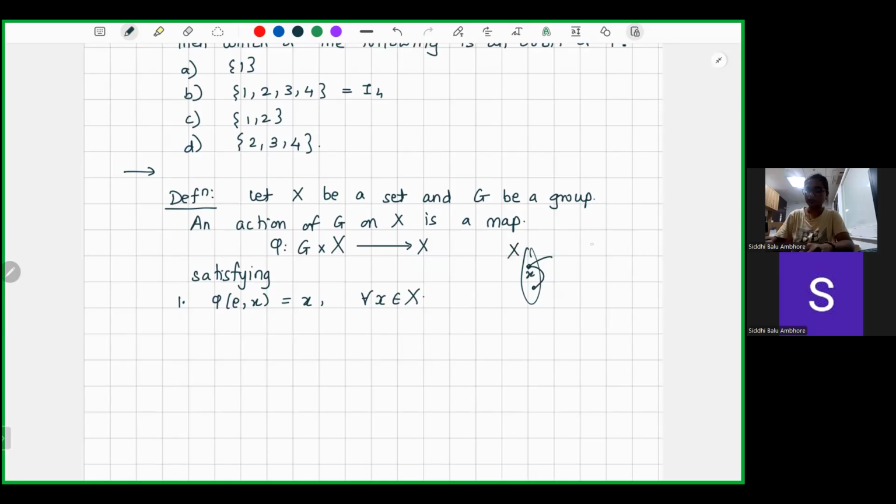Okay, so my set X is here, and when some element g acts on some element x in this set, the result must again lie in this set X. Let me call this group G, and this is my g of x. I wrote this diagram in opposite order compared with G and X here, but that doesn't matter.